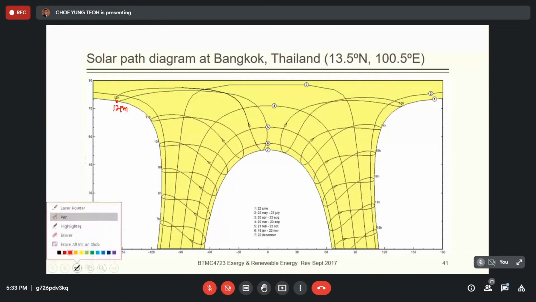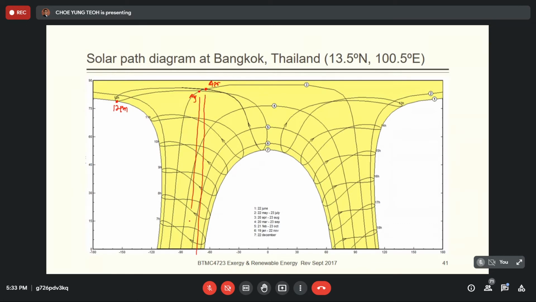We have to identify the point correctly. So December, January, February, March. So on the top should be April. Bottom should be April, August. Okay, so we draw along the line. So you get the altitude angle on April and August.